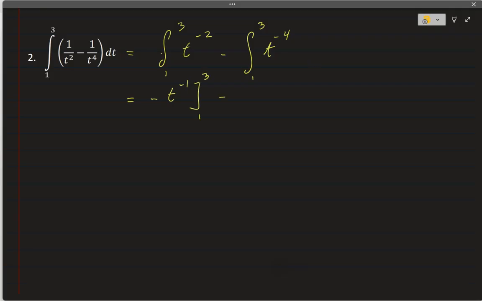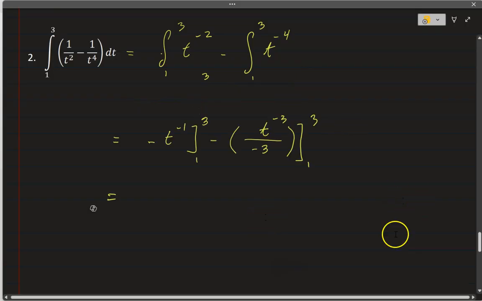1 and 3, minus, and the other one you're adding, so that would be negative 3 in the bottom, t to the negative 3, and then we're going to evaluate that between 1 and 3. Okay, that's what we're going to get. And then we're going to simplify each one.